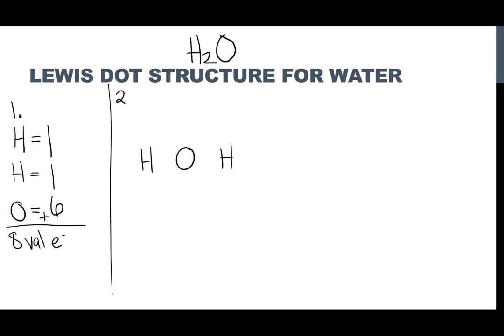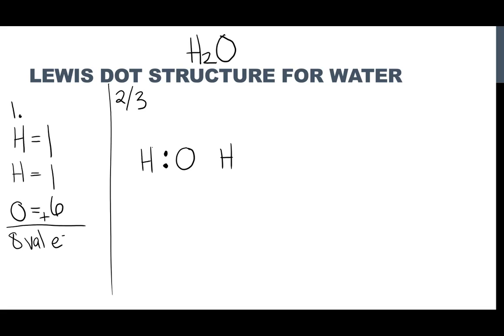All right. So after I have my skeletal structure on the paper, and this would be step 3, I'm going to start distributing or giving electrons away until I've used all 8 valence electrons. I always start with the electrons that are shared between atoms.